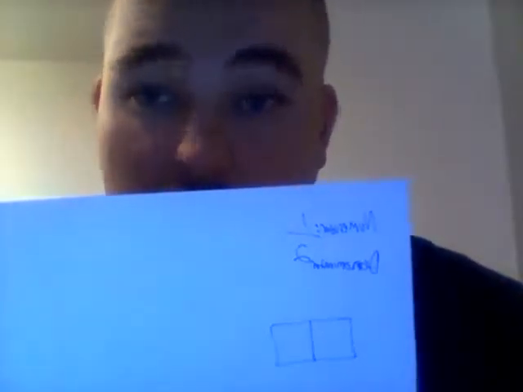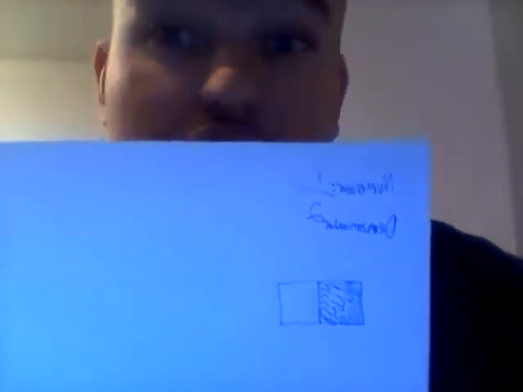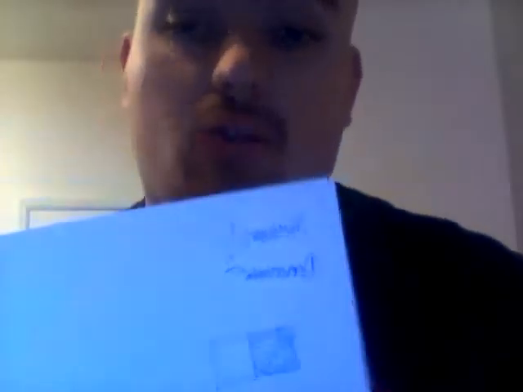But now our numerator says it's 1, and the numerator is the number of parts being considered, so we shade in one box. Therefore, it gives us 1 shaded out of 2 equal boxes. Therefore, we have 1/2. That is the fraction.